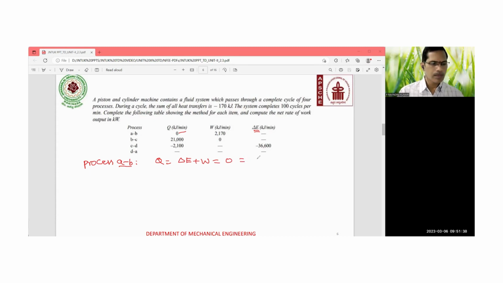So 0 is equal to delta E plus W. Here the value of Q is given as 0, so that's why 0 is taken. Delta E is not mentioned, and W is 2170.